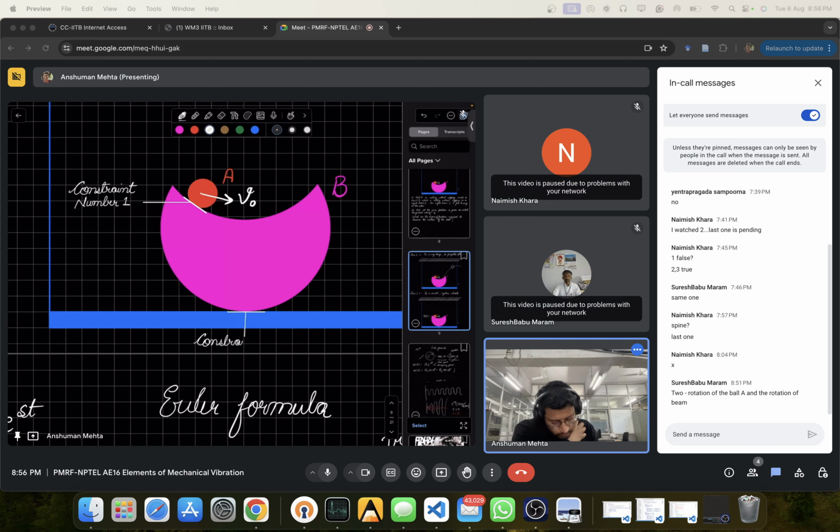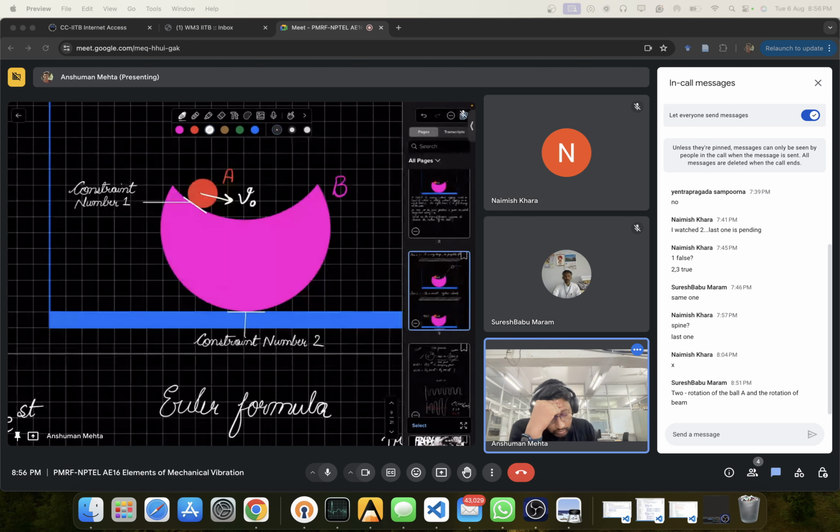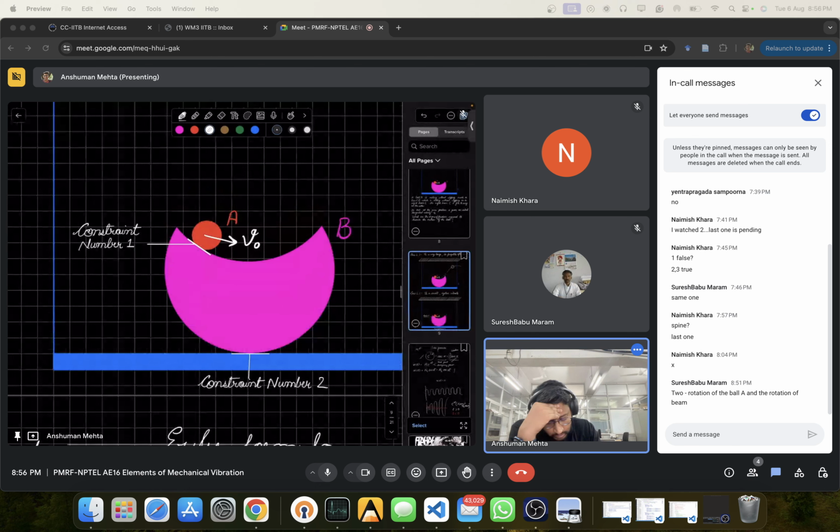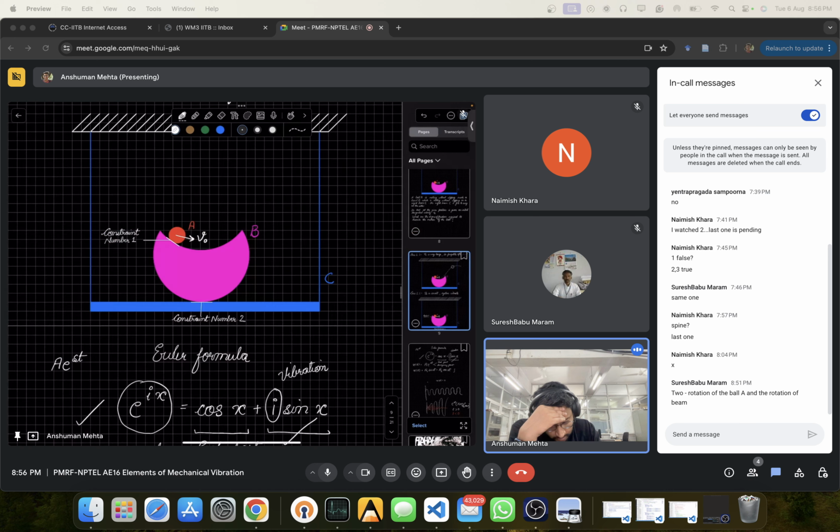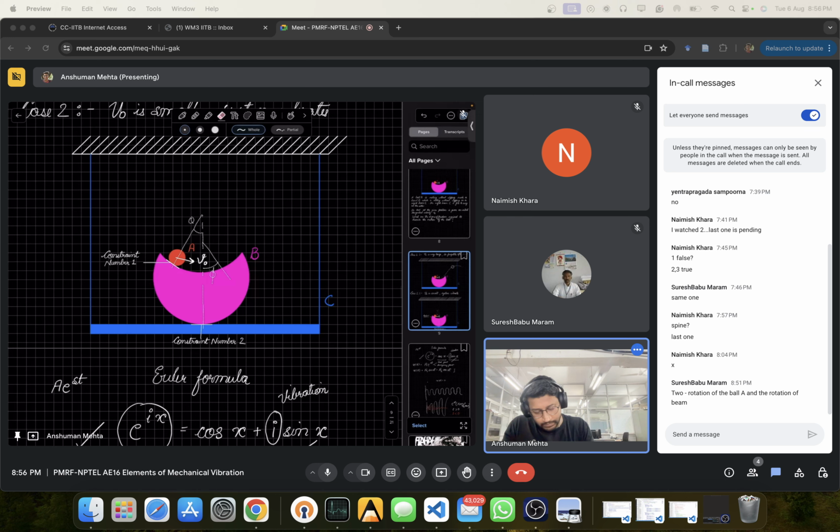Now let's say this whole thing is revolving, A is momentarily revolving around this point with angle theta, and this whole bowl is revolving about some other point with angle phi, and this whole thing is swaying with some angle, let's say psi.